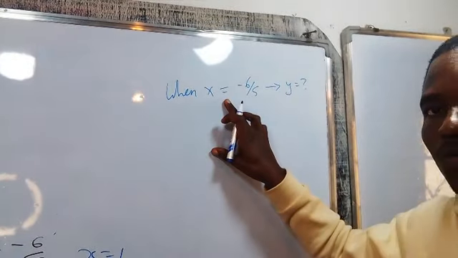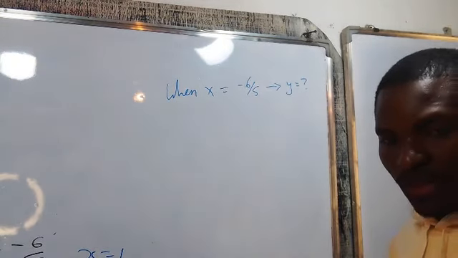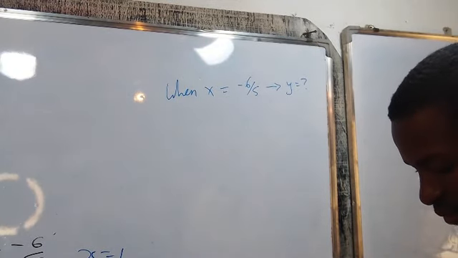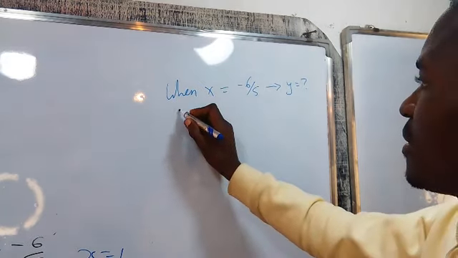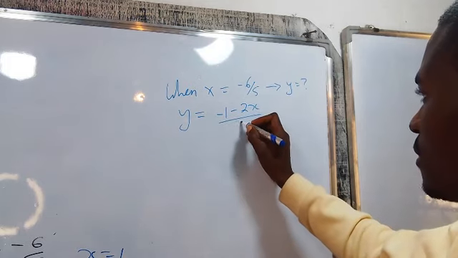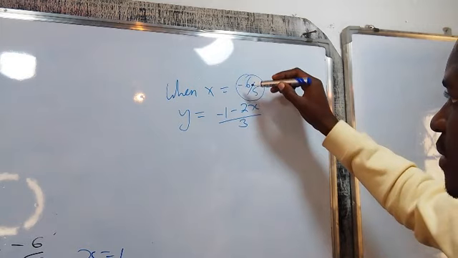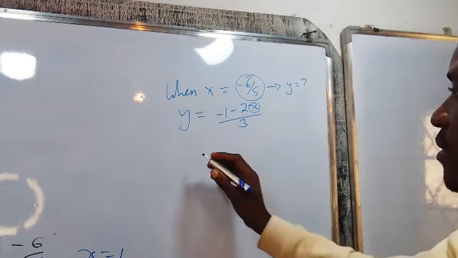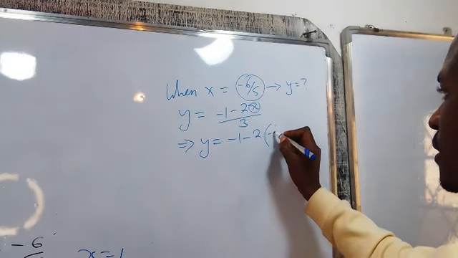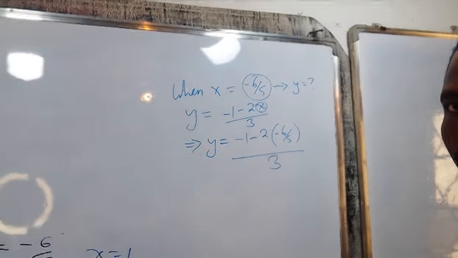So when x equals to negative 6 over 5, what is y? We go back because we made y the subject of the formula. Remember that y was negative 1 minus 2x over 3. So you get this x and put it in there. Our y is going to be negative 1 minus 2 times negative 6 over 5, all over 3.